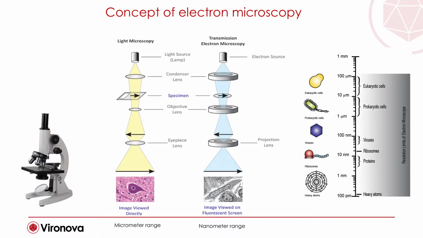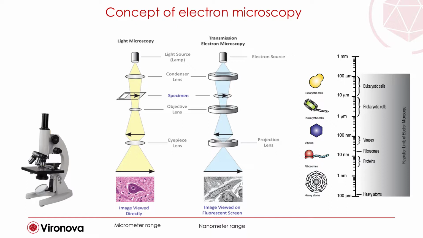So now a few words about electron microscopy to briefly introduce the technology for the ones who are not familiar with it. If we compare electron microscopy to conventional light microscopy, you can see that in both techniques you have a light source, which in the case of light microscopy is a lamp with photons, while in transmission electron microscopy we're using an electron source, so we have an electron beam.